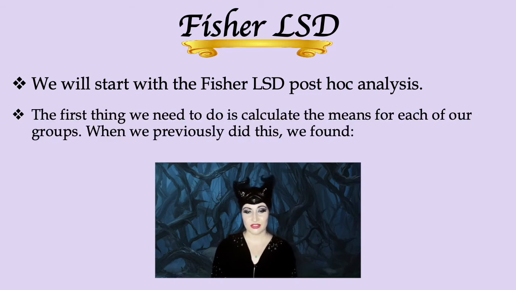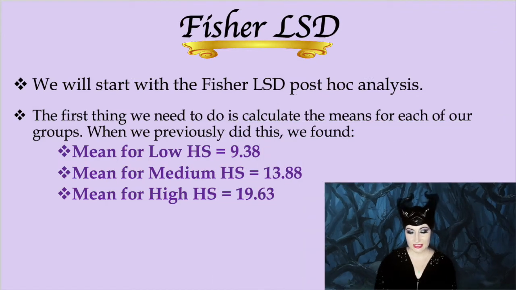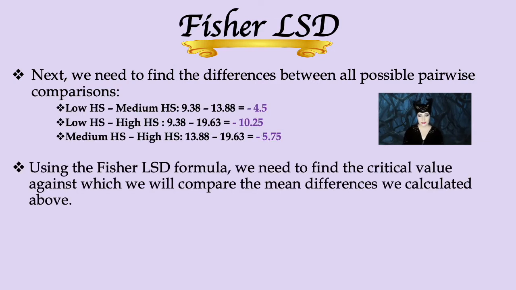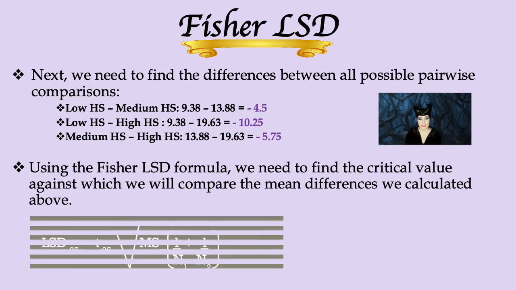The first thing we need to do is calculate the means for each of our groups. When we previously did this, we found that the mean for the low hypnotic susceptibility group was 9.38, the mean for the medium group was 13.88, and the mean for the high group was 19.63. The next thing we need to do is find the differences between all possible pairwise comparisons. So we can compare the low and the medium group, the low and the high group, and the medium and the high group.